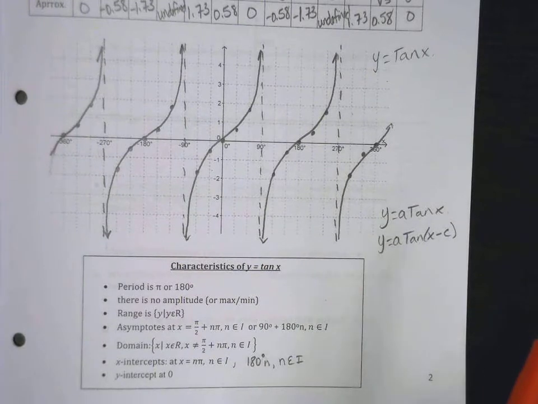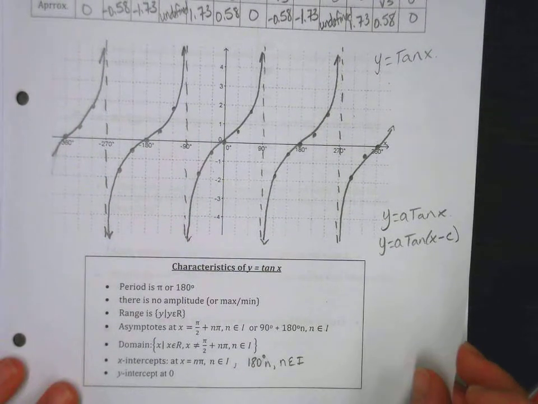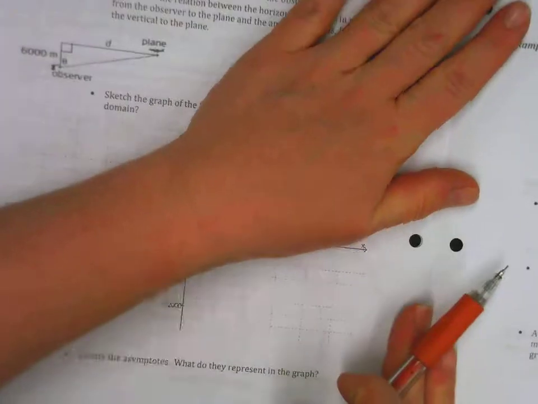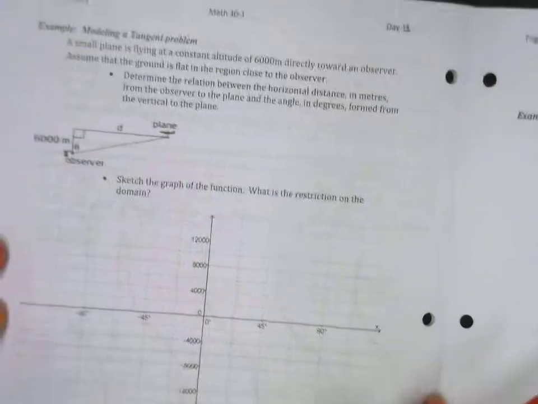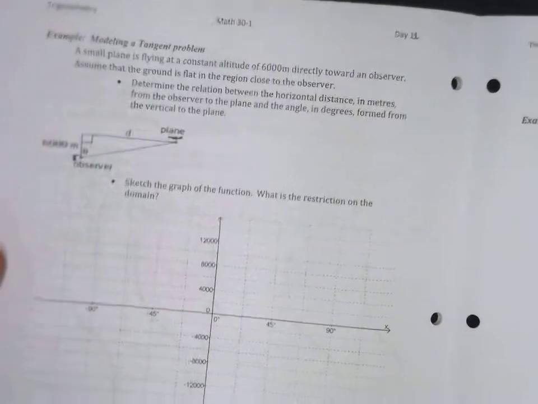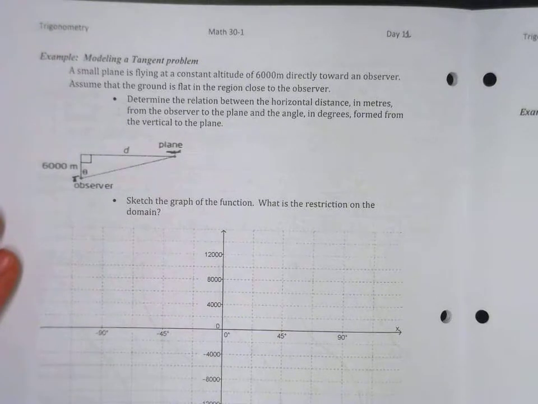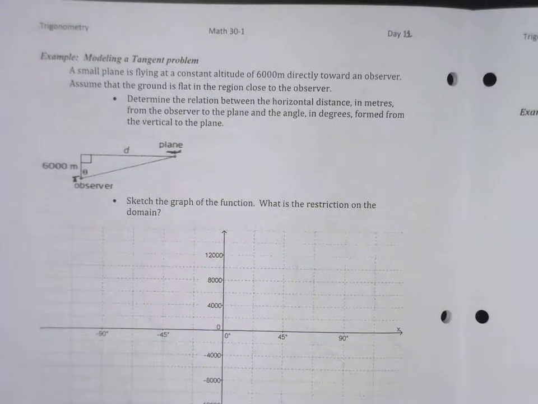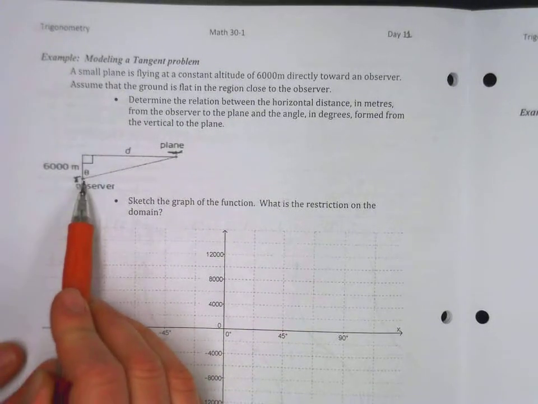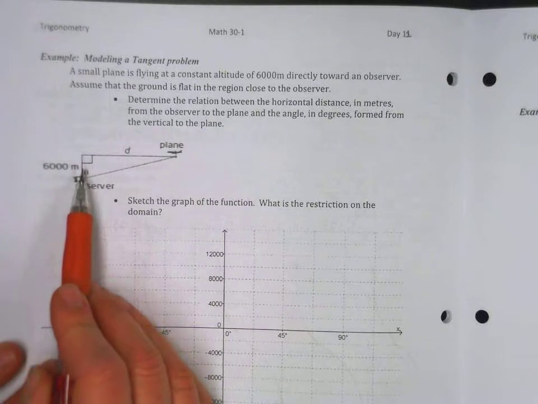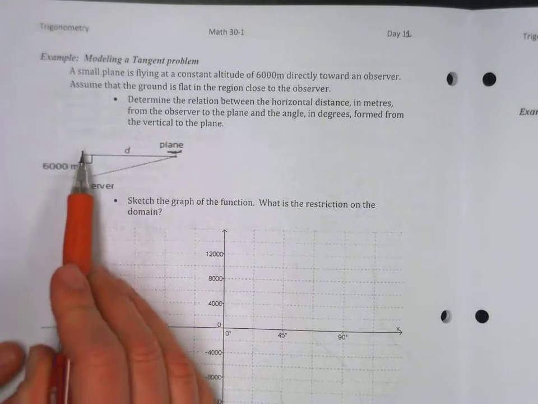Okay. All right, so moving on, how do we model a tangent problem? Okay, so it says a small plane is flying at a constant altitude of 6,000 meters directly towards an observer. So this is 6,000. So here's the observer. The plane is 6,000 meters high, right? That's altitude. Assume that the ground is flat in the region close to the observer.